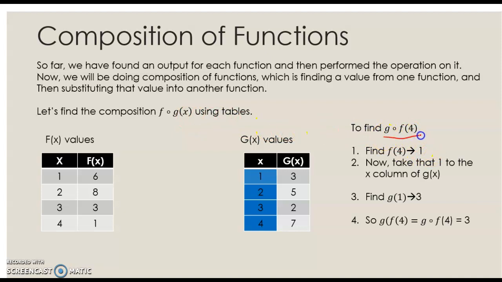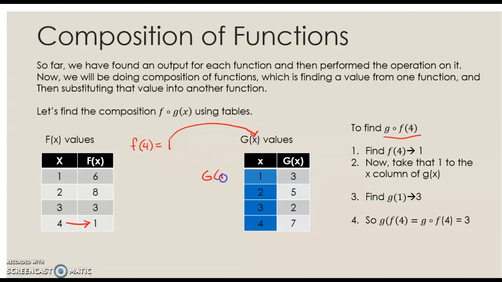So right here, this is your problem: g of f of 4. What you do first is you find f of 4, which gives you 1. So f of 4 equals 1. Take that 1 and put it in for g of x.